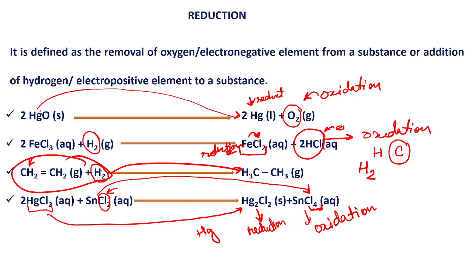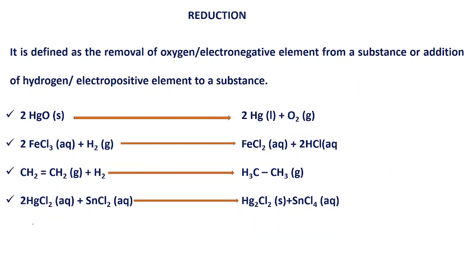It means an electronegative element is being added to hydrogen, so hydrogen is being oxidized here. No doubt this is being reduced, because hydrogen is being added, but to my hydrogen I have added an electronegative element. So we can observe that this hydrogen is oxidized.